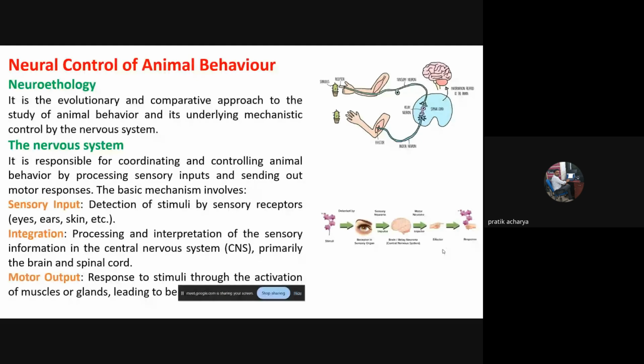Our brain interprets that the flower is very beautiful and we have to keep the flower with us. That's why we have to pluck the flower. For this purpose, the brain sends a message to our hand, to our muscle system, to go there and pluck the flower. This is the kind of behavior regulated by our neural system.